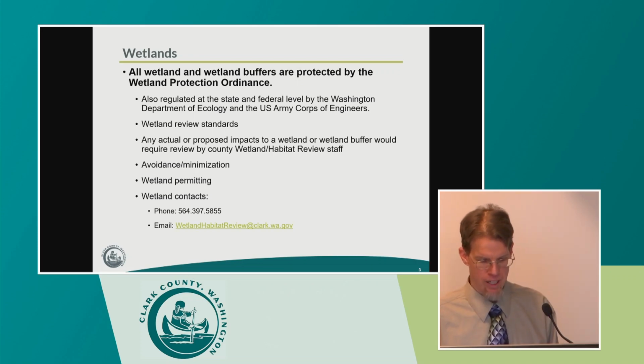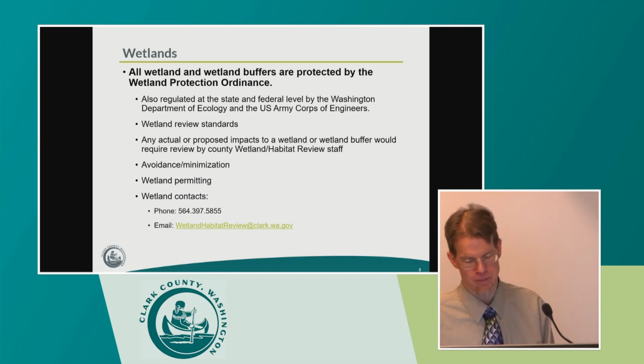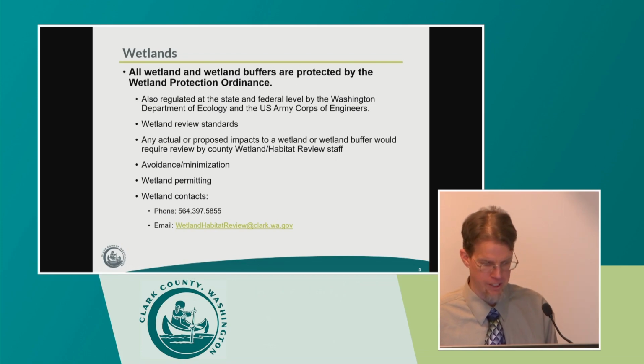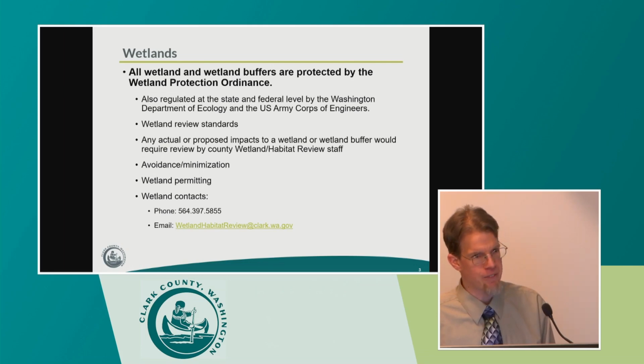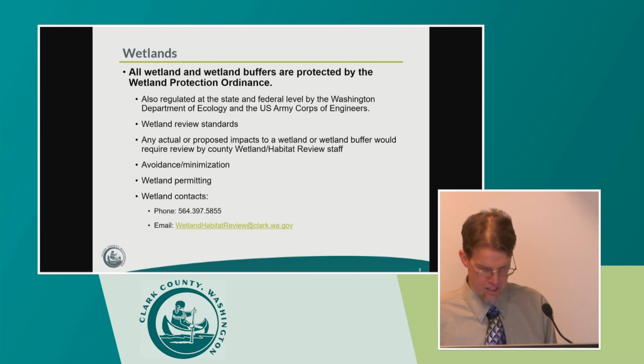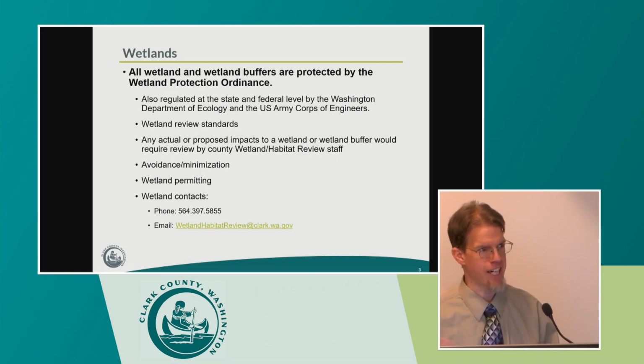For wetland buffers, they're established dependent on the type of impact which is being proposed and the quality of the wetland which is going to be impacted. The quality of the wetland is identified by using the Washington Department of Ecology's wetland rating system for Western Washington. It's a form which we have to fill out, which we basically have to analyze on-site features, then we have to come back into the office, look at GIS, look at off-site features which are present.